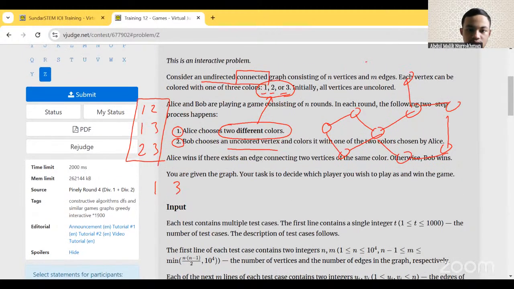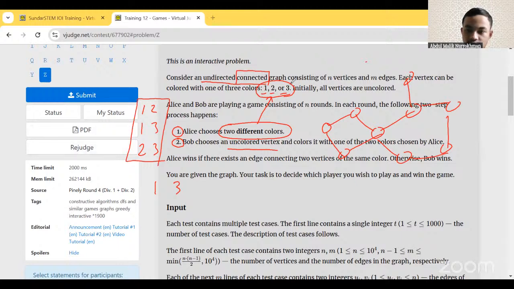Then what is the objective for this game? Let me explain with another sentence.